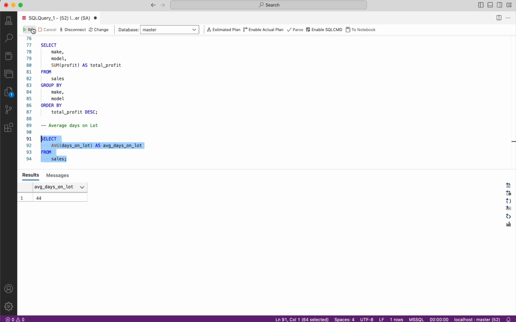So this is pretty much telling us, just a quick insight, the average number of days that a vehicle is going to remain on the lot before being sold, which is right around 44 days. And this metric is important because it provides us a sense of inventory turnover efficiency. So the lower average days on a lot generally indicates a faster sales cycle, while higher numbers could highlight challenges in selling inventory.